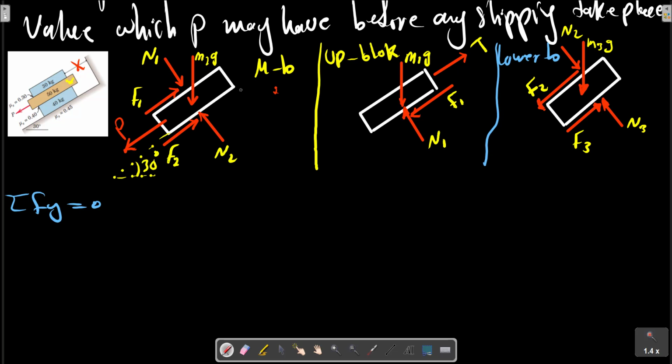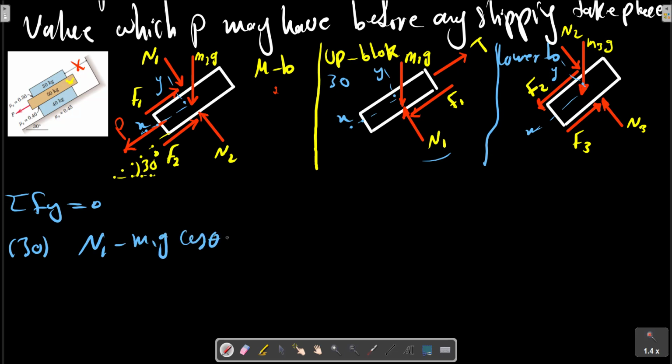For the upper block, we choose the y direction in this direction for each block. N1 minus M1G cosine theta equals 0.